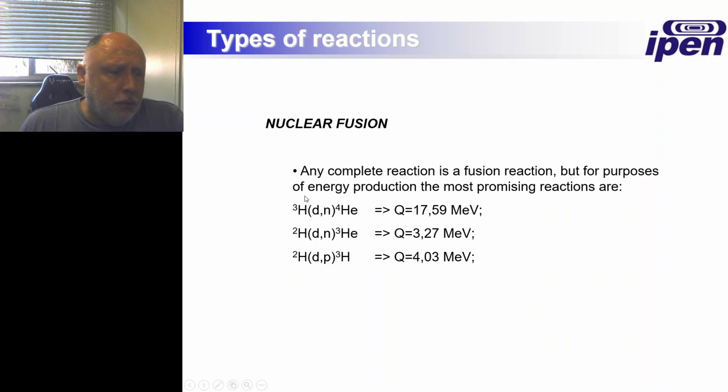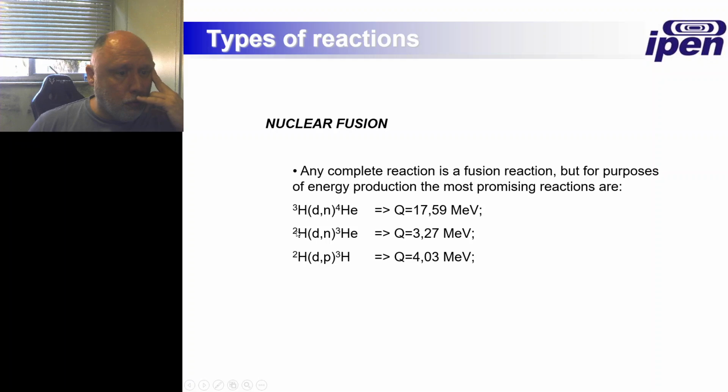When we have hydrogen 3, or tritium, interacting with a deuterium, you produce a neutron and a helium 4, right? This one has 17.6 mega electron volts Q positive, meaning every time this reaction happens, you release almost 18 mega electron volts of energy. That's a lot. But it depends on the existence of hydrogen 3, which is rare.